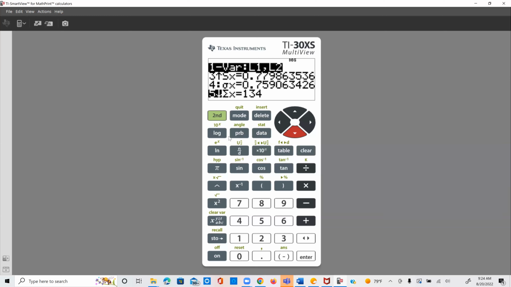So I will hit data, hit data again, and then enter so that it clears. Similarly, I would do data again, take it to L2 to clear L2, enter. And now my data is cleared.